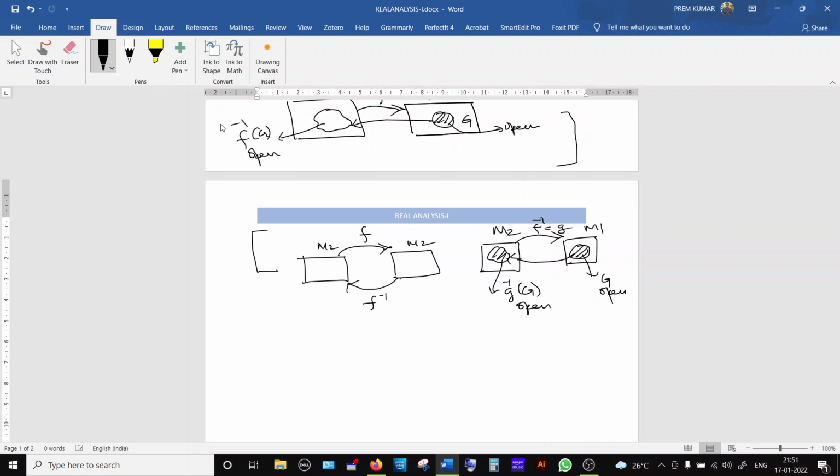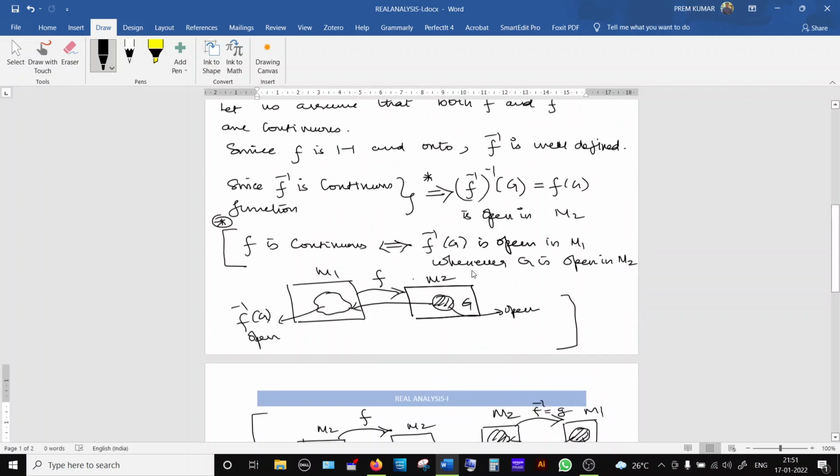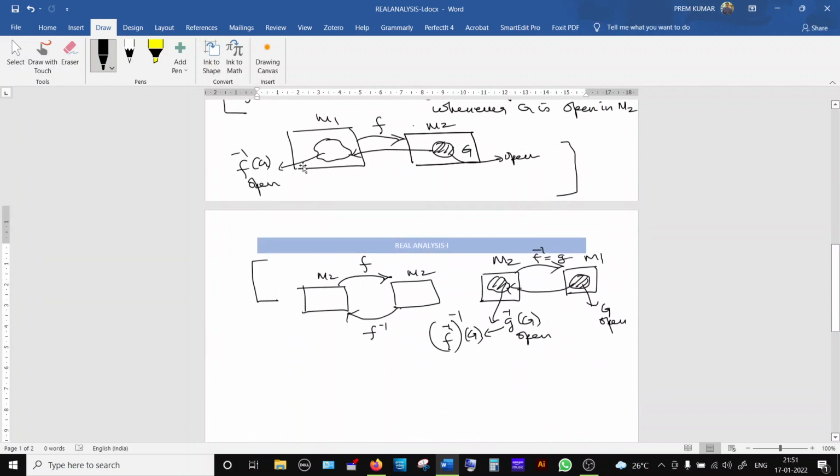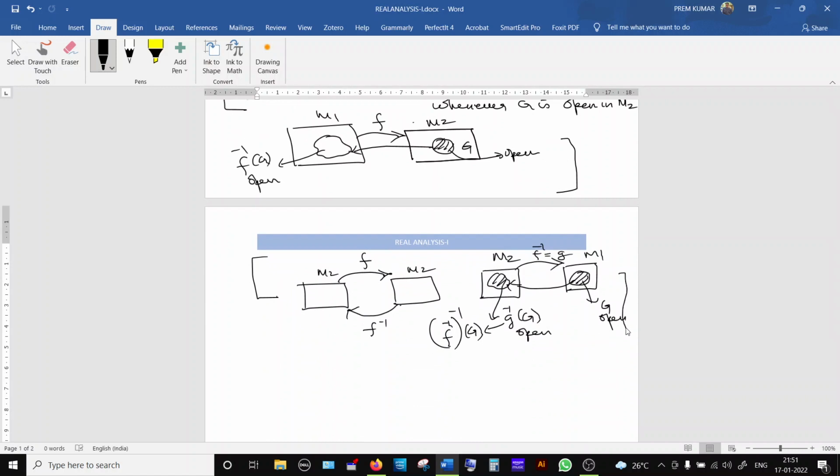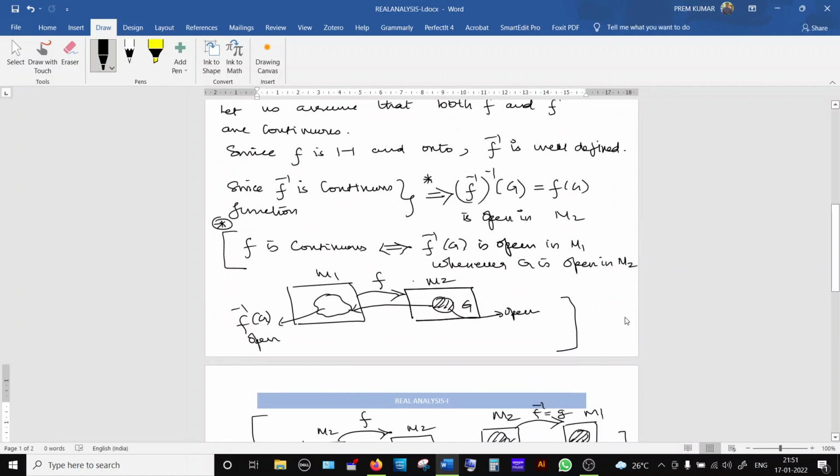Here g is nothing but f inverse, so this is f inverse of G. You can hide this big explanation, but we are going to use this theorem. Since f inverse is continuous, the inverse image of G is open in M2.